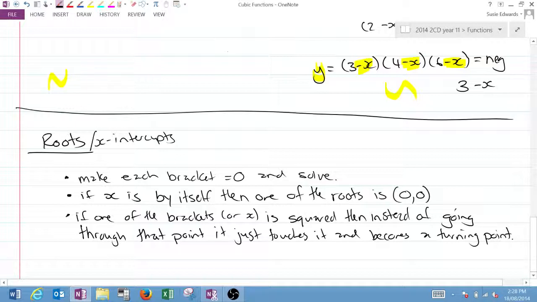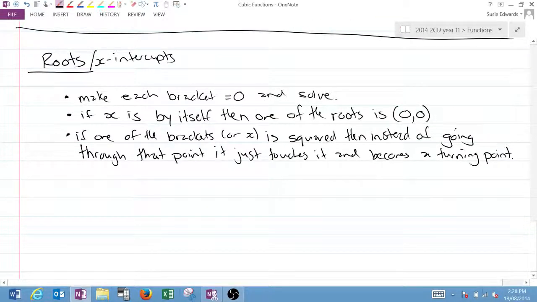So most of the roots, the line goes through whatever that point is, but if it's squared, it becomes a turning point, and I'll show you what that means. We'll do it in a sec. We'll just finish off the notes and then we'll do lots of examples, okay?